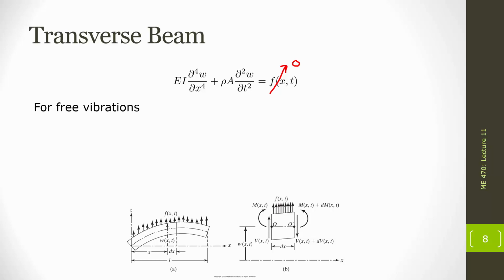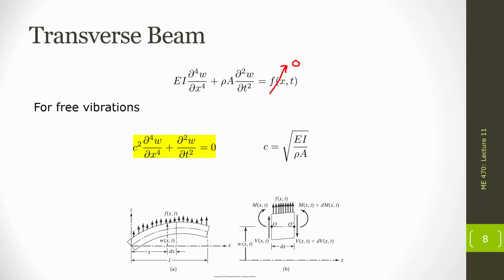It's going to be 0 once the timer starts. So because the right-hand side is 0, I can divide everything through by rho A, and now I get this partial differential equation: c squared times del to the fourth w del x to the fourth, plus del squared w del t squared, equals 0.